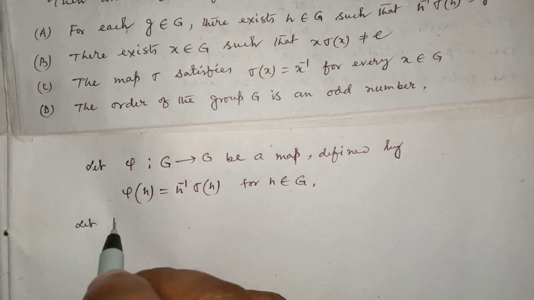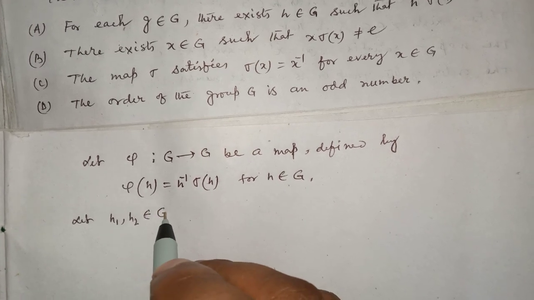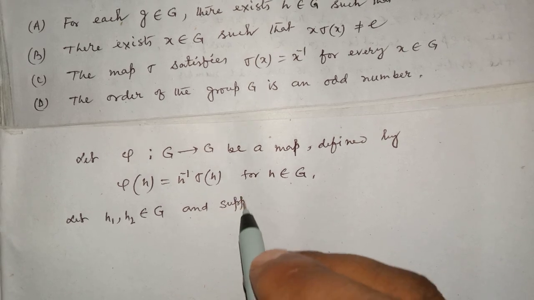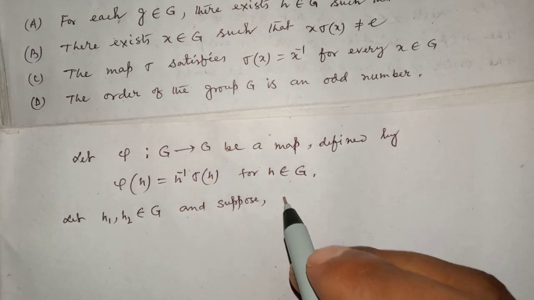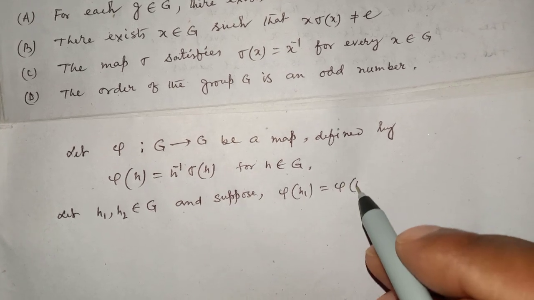Let h1, h2 belongs to the group G and suppose phi of h1 is equal to phi of h2.